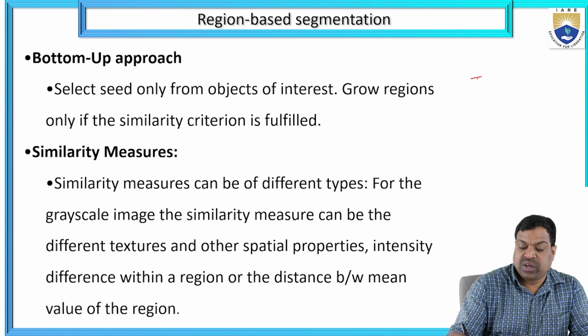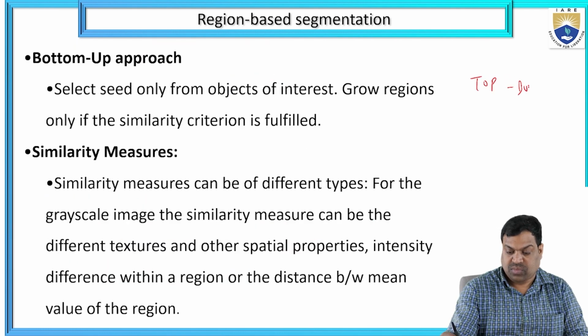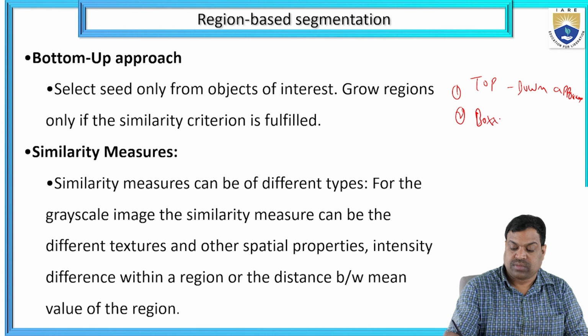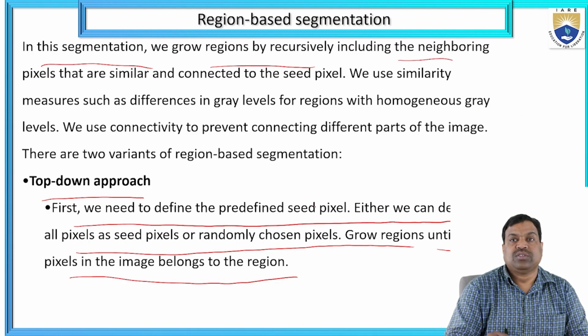So in the top-down approach, seed pixels can be defined or randomly chosen, and the region grows until all pixels belong to a region.